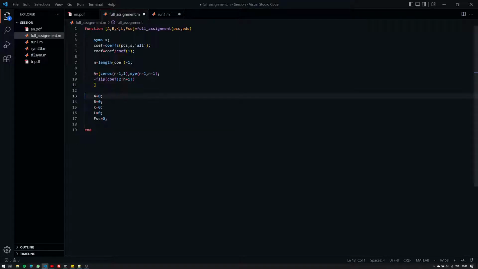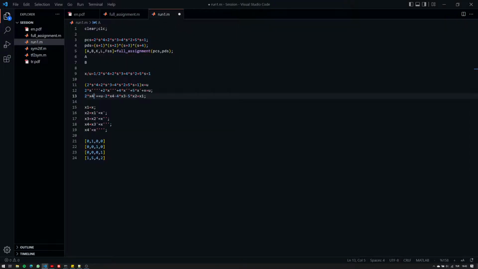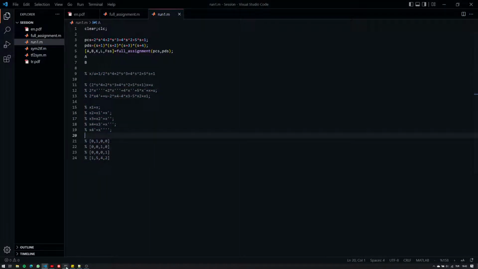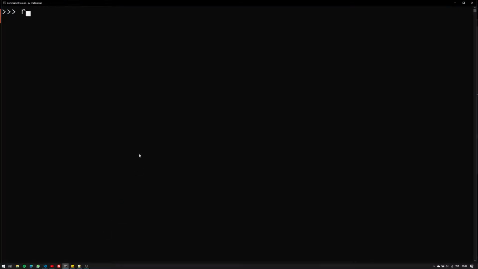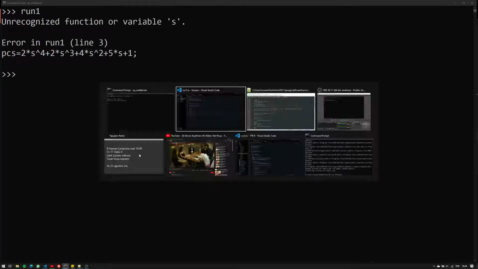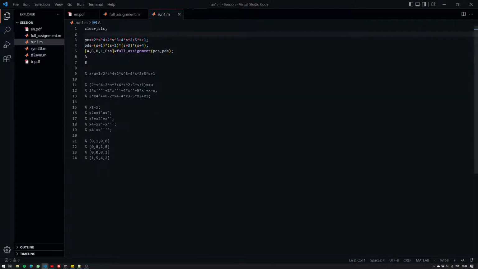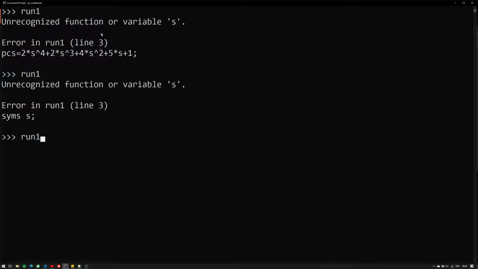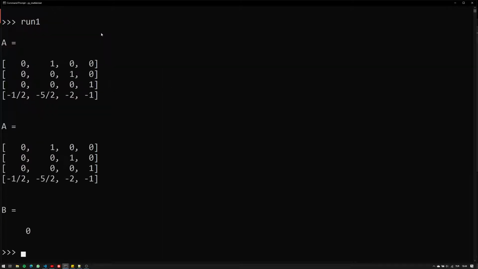So let's see if this is really working here, and let me comment this whole thing out. If I run it, and hopefully MATLAB works, well, we need to define syms s in here, that's for sure. Run it again.